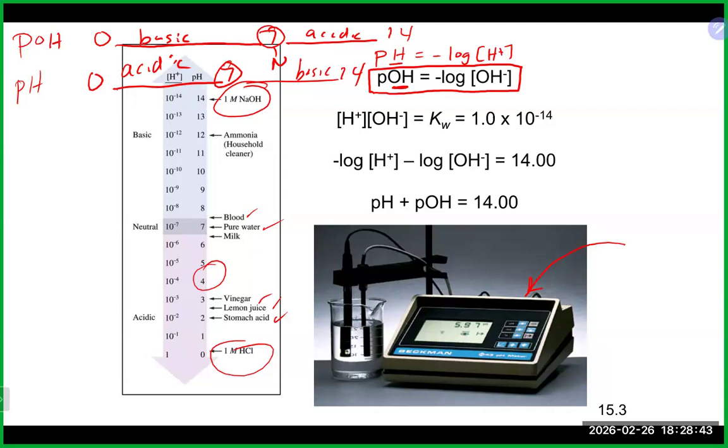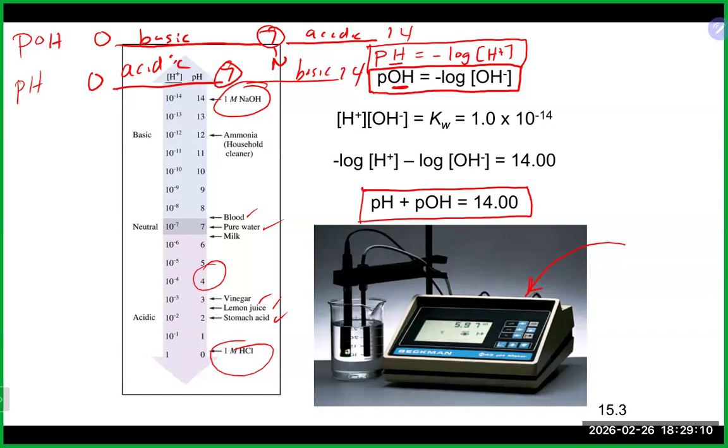And a nice relationship between pH and pOH is if you take the pH and add it to the pOH, it will equal 14. So this is very helpful. For example, if you're given the hydroxide concentration and you want the pH, you could calculate the pOH and then subtract it from 14, and you will have your pH.